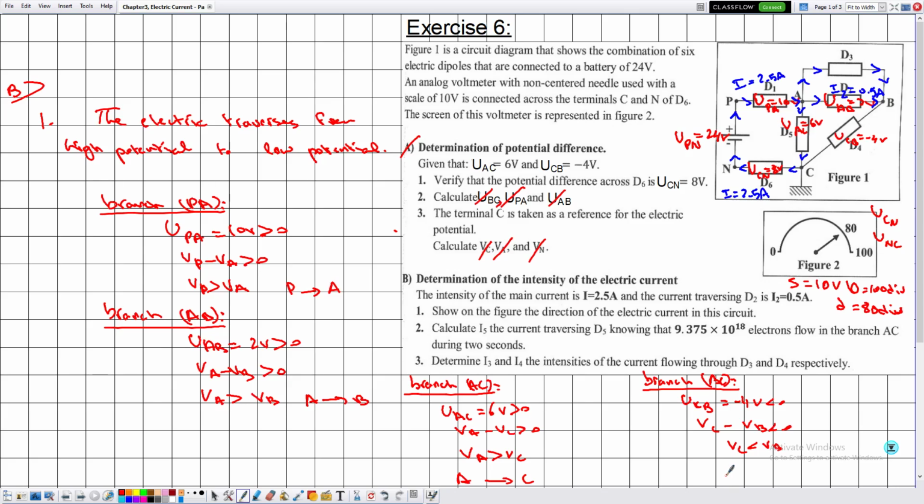So in this case, the current always traverses from higher potential to lower potential, then in this case from B to C. Now as for the branch C, we can also justify.